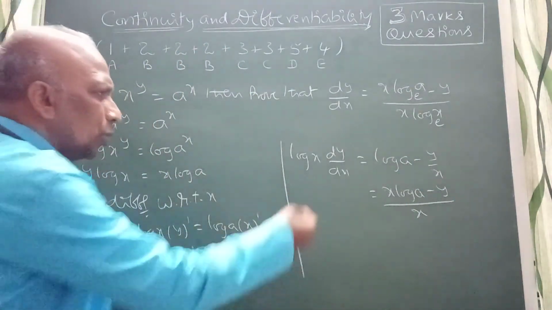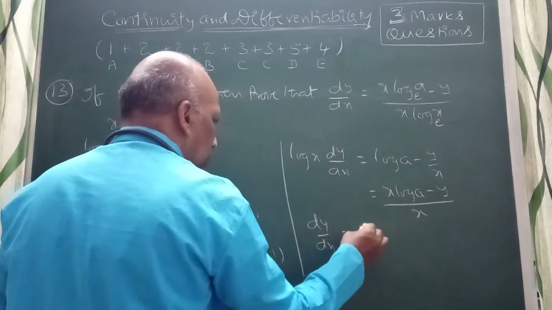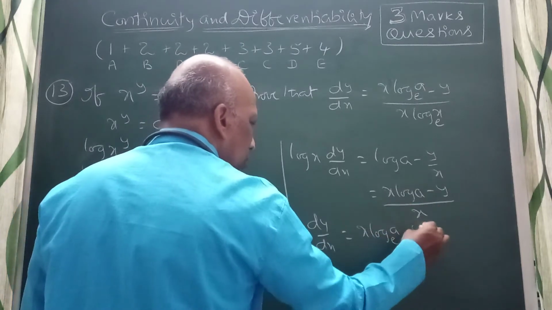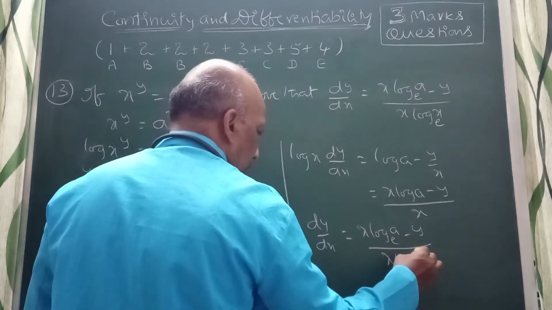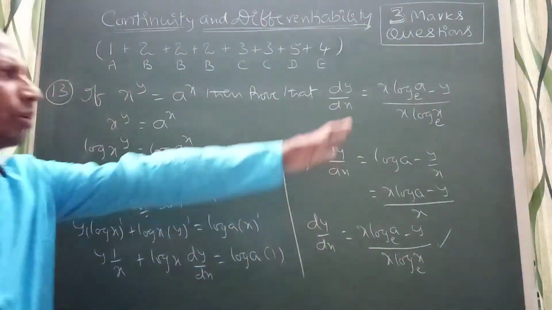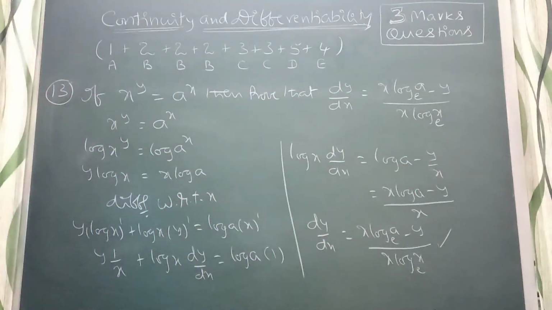Taking log x to that side, you get dy by dx equal to (x log a minus y) by (x log x base c). That is the required answer, right? Now I will explain the next problem.